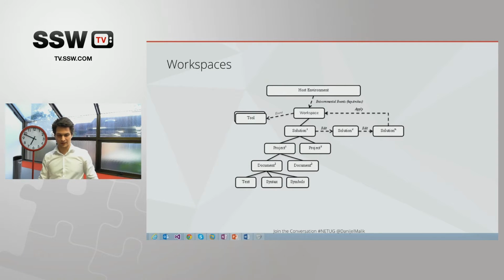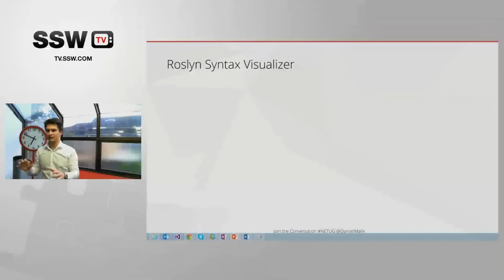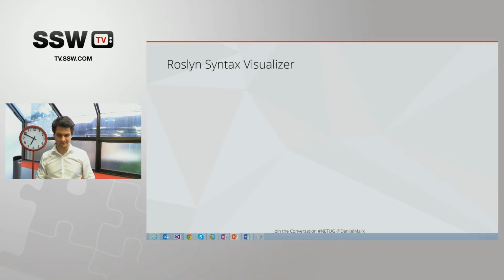One thing I really need when I'm going through the code is the Roslyn Syntax Visualizer. That's the only tool you have at your disposal right now. The documentation is almost none, and the Roslyn Syntax Visualizer is the only tool you can use to see how Roslyn sees the code and how it later transforms it to binary trees.